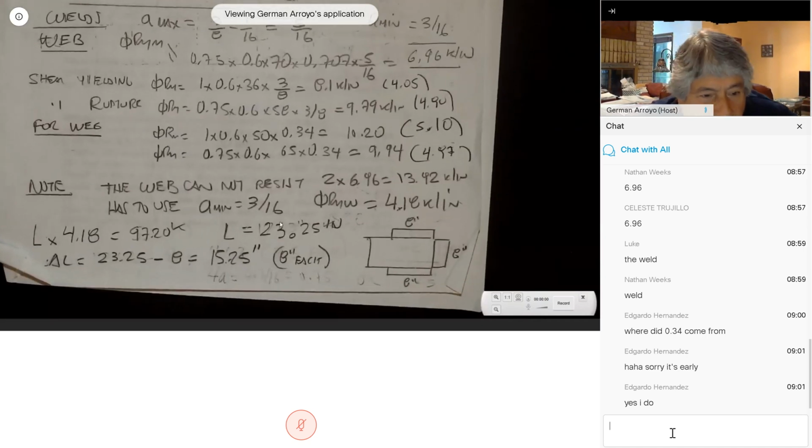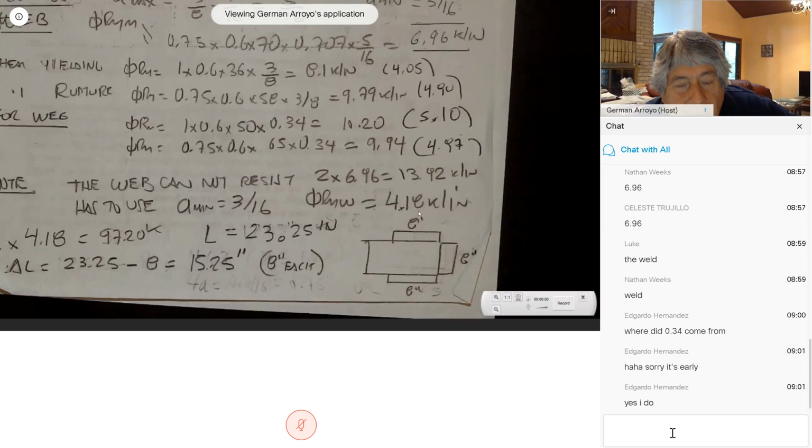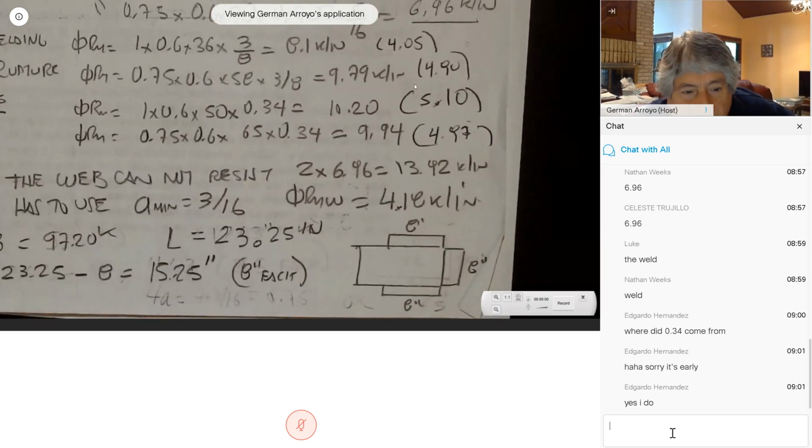The minimum weld size gave me 4.18, which I got from the table. 4.18 times 2 is 8.36, so there's no problem in here.